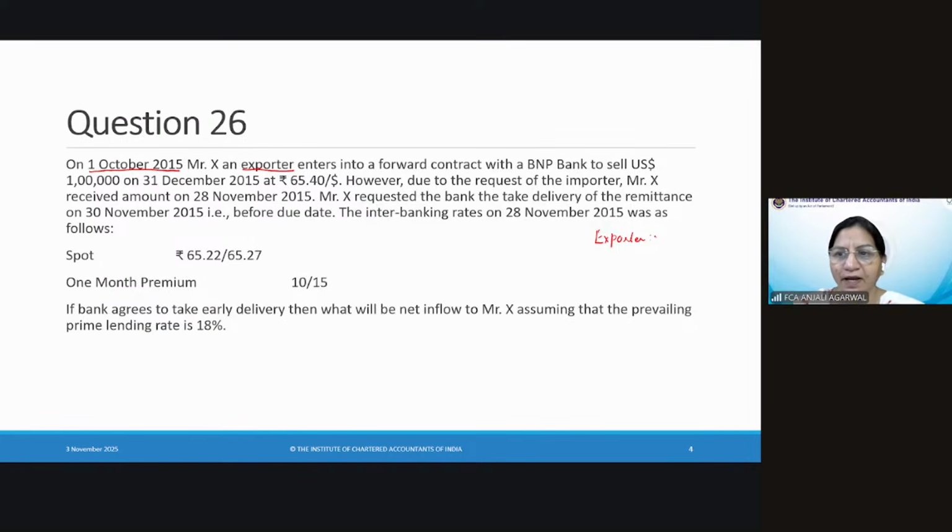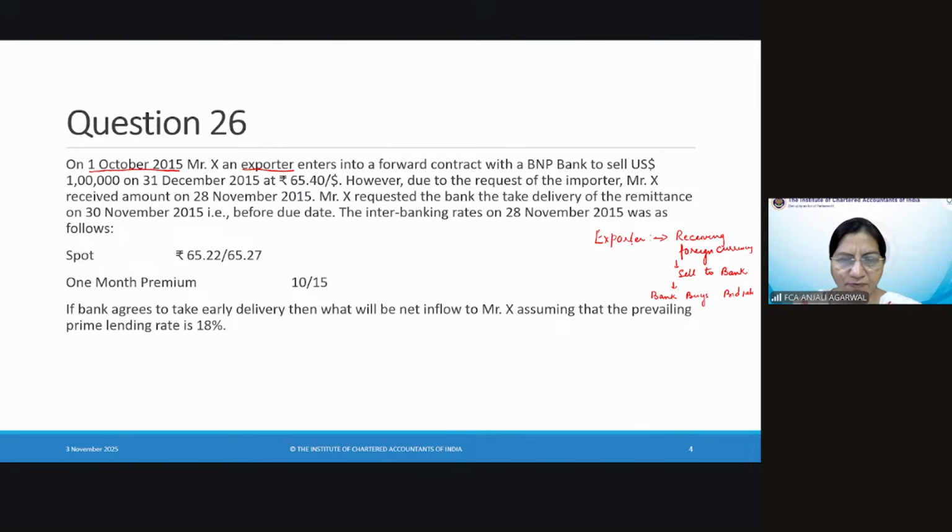But remember, an exporter will always be having foreign currency. The exporter will be receiving foreign currency, which he wants to sell to the bank. So when he sells this, indirectly, the bank is going to buy, and the bid rate is applicable.